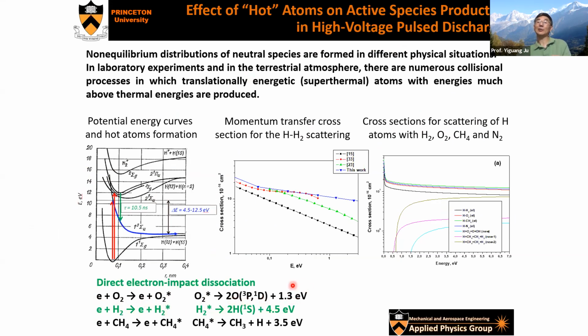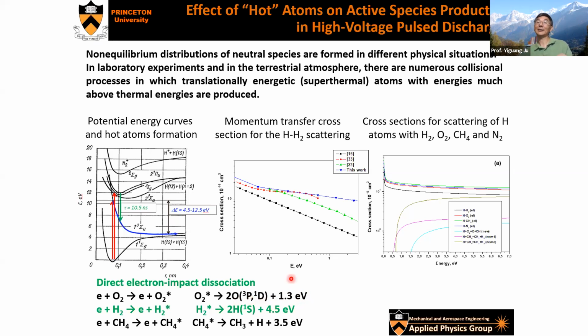But they have more extra energy. This extra energy has no place to go. It makes this oxygen very hot, meaning it has very high translational velocity. So even if this oxygen is in the triplet P ground state, it is very hot. It is not in equilibrium with your local temperature.